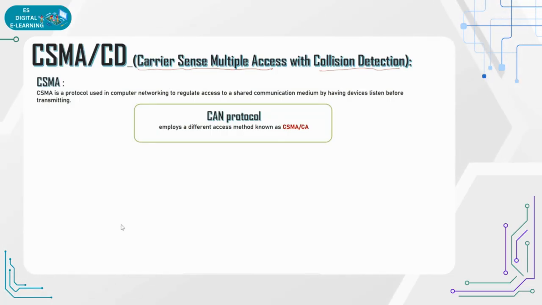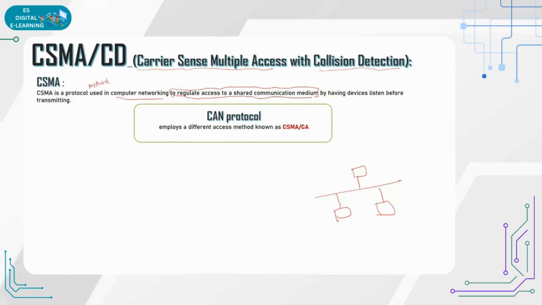You can write down the definition: CSMA is a protocol method used in computer networking, meaning the topology we follow, like a linear bus with communication between ECUs, to regulate the access to a shared communication medium by having a device listen before transmitting.